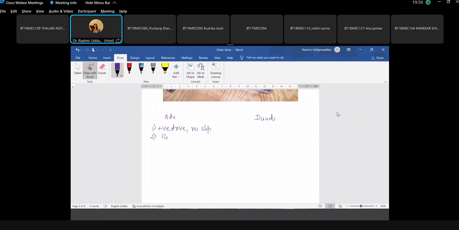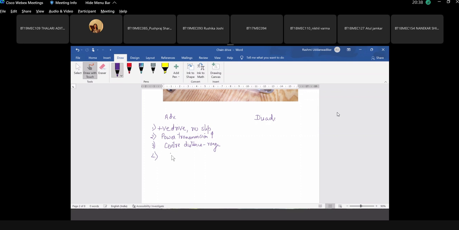The power transmission capacity is high as compared to belt drive. This can be used for varying center distance. So unlike gear drive where the center distance has to be small, or in a chain drive the center distance has to be large, here there is a range of center distance for which you can use.